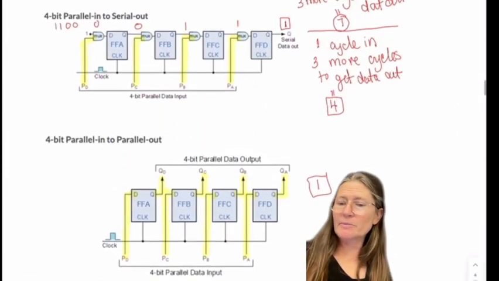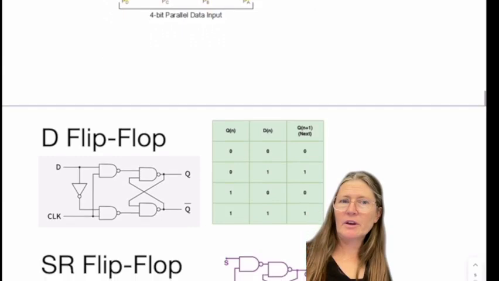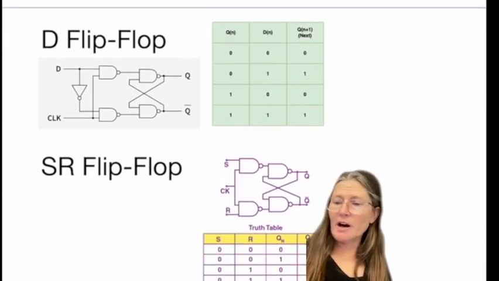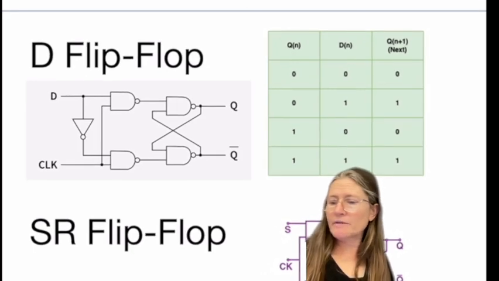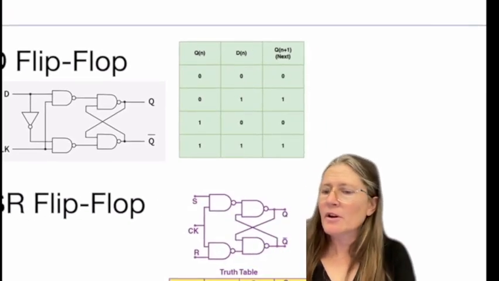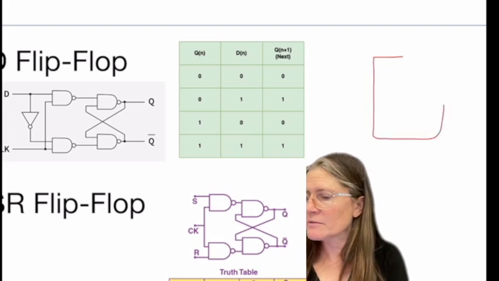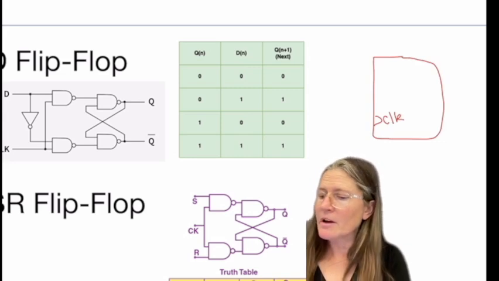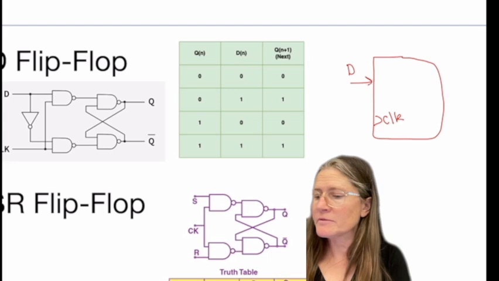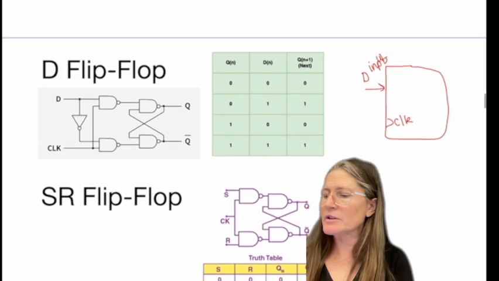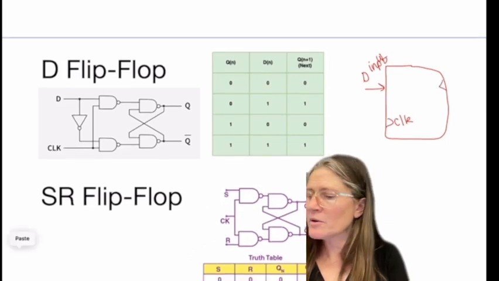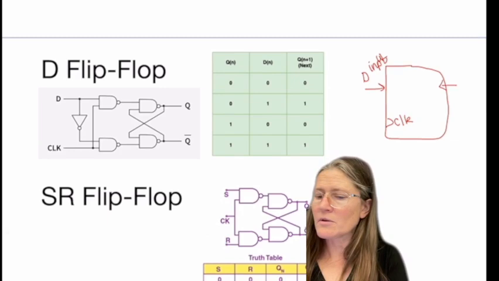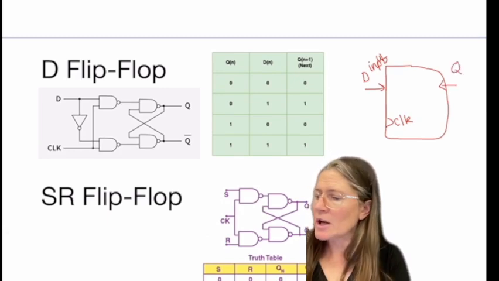All right, the different types of flip-flops then that are in there. The D flip-flop is probably the simplest. It has a clock, a D input, and then it has on the output a Q, and a Q bar.